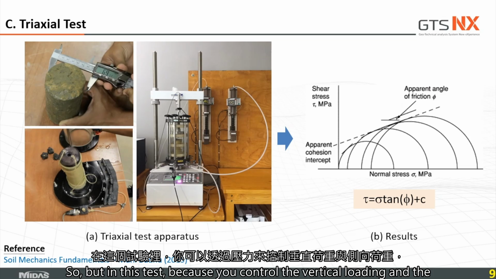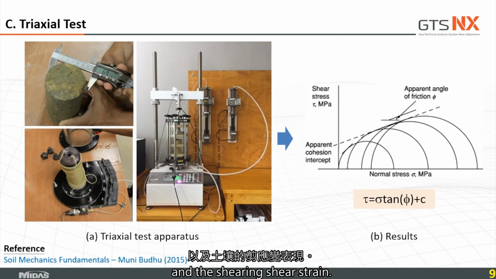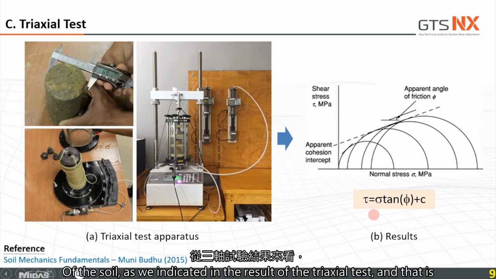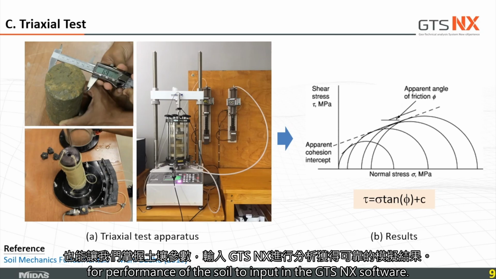In this test, because you control the vertical loading and the side loading by pressures, you can observe a realistic shearing plane and the shear strength of the soil, as indicated in the result of the triaxial test, and that is very important for accuracy in investigating the performance of the soil for inputting into the GTS NX software.